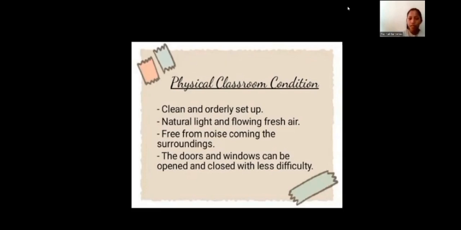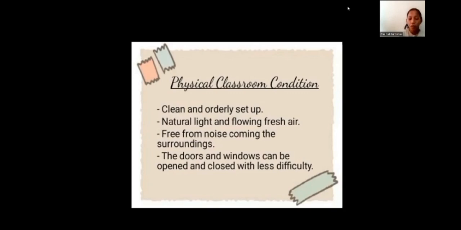In a classroom setting, we need fresh air, we need the light to be comfortable to learn, right? We the students need fresh air. That's why we open the windows, right? We need air in order to be comfortable, right?